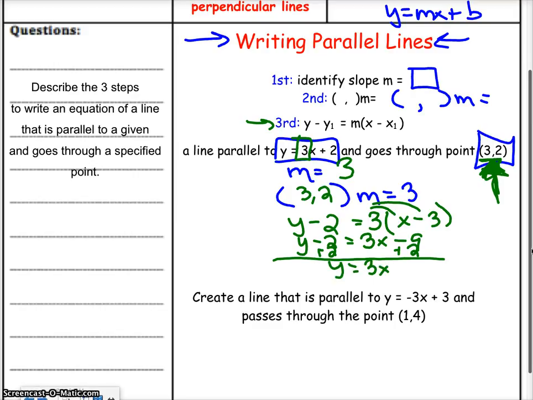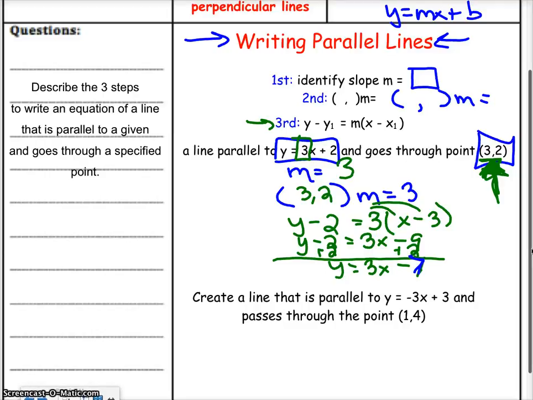Negative 9 plus 2 is negative 7. So just minus 7. You can't really see my 7. That's a 7. That's the equation of the line. Do you see it? That's the equation.